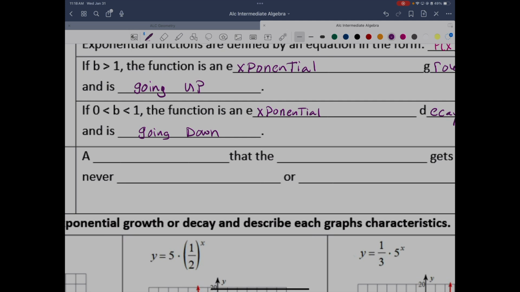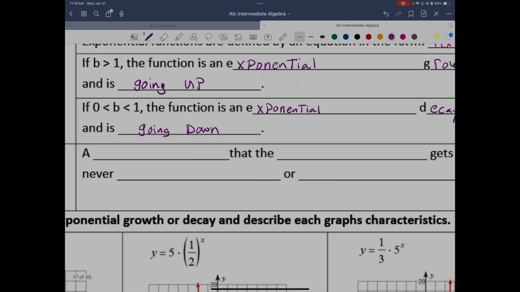If you want to go out and buy an $80,000 car when you graduate from high school, and you want to know what it's going to be worth 5 years down the line, cars depreciate at a certain rate. There's a huge depreciation at the beginning, and then it becomes a little more constant. But you can figure out that the $80,000 car after 5 years is probably worth somewhere in the neighborhood of $40,000, because it's depreciating over time. So we call that exponential decay, and it's going down.